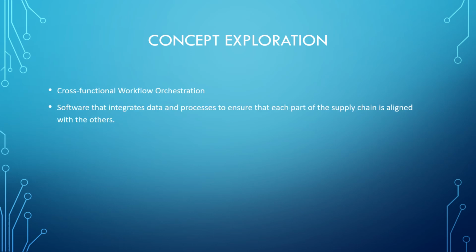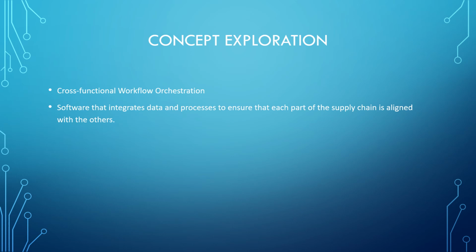For cross-functional workflow orchestration, as supply chains become larger and more complex, in order to cope with complex supply chain management, I can fragment, decentralize, and independent supply chain management to play a decoupling role.